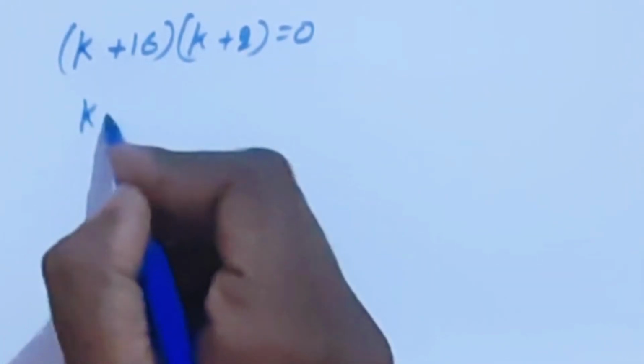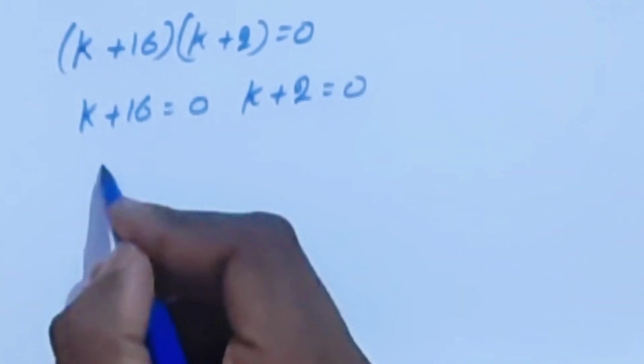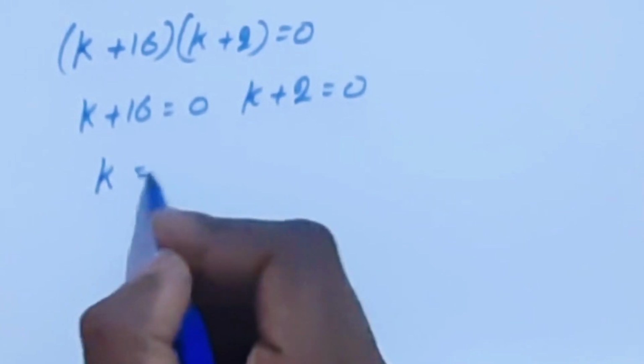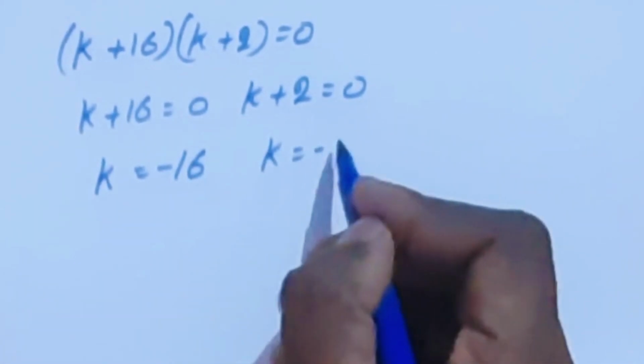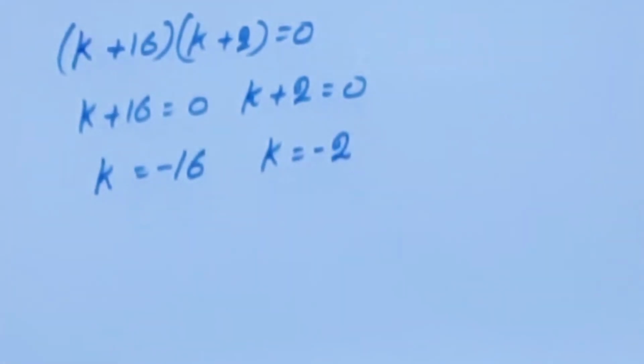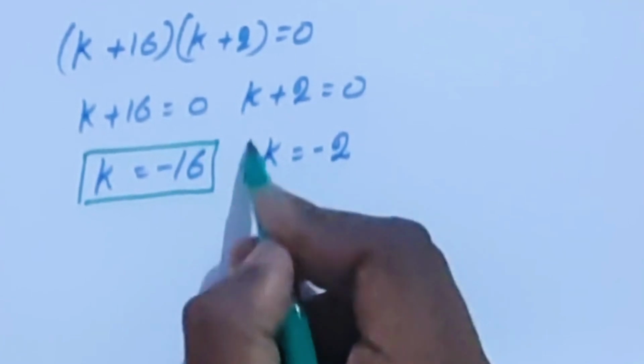From this k + 16 equal to 0, and from this k + 2 equal to 0. Here k equal to minus 16, and k equal to minus 2. These are the possible answers in method 1.